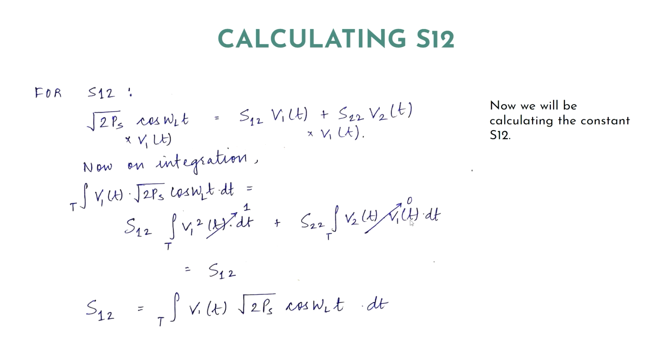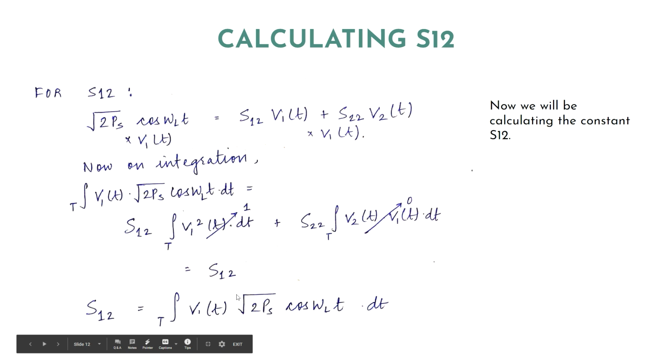Because we know that these two signals are orthogonal, the integral of their multiplication over the time period T is 0. So we eliminated the term S22, and this we already know by orthonormalization will be equal to 1. So we get the value of S12 equal to the integration of V1 of t into under root 2Ps cos omega L t dt over the time period T.